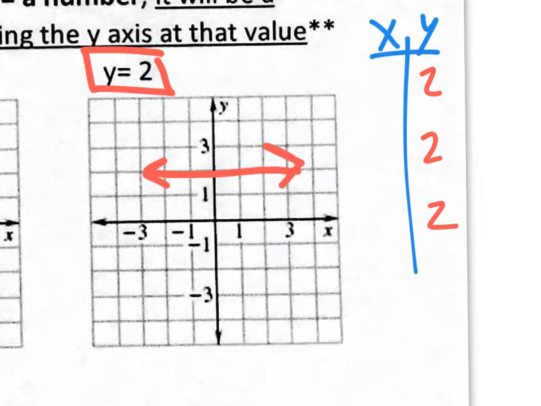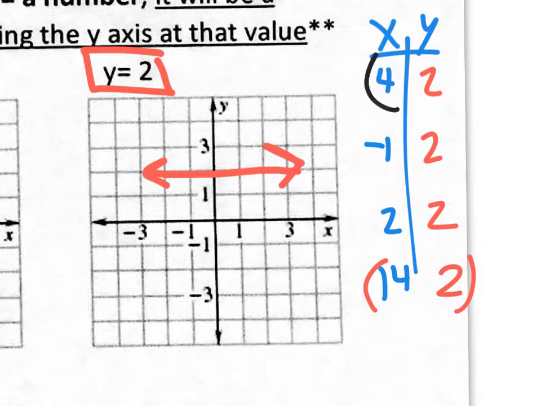And what about your x's? It doesn't even matter what x is, because there is no x in your original simple equation. So in other words, x could be anything you want. It could be a 4, it could be a -1, it could be a 2, whatever, anything you want, 14, right? You could have 14 and 2. That's a coordinate also. Now, what kind of line will that produce?